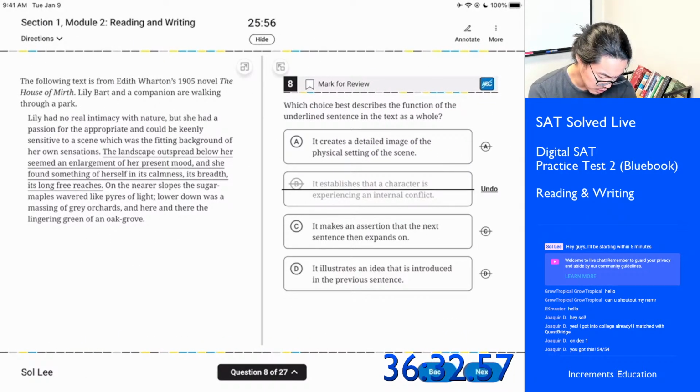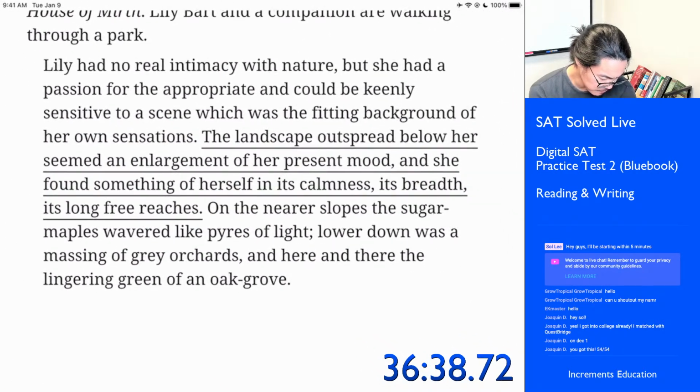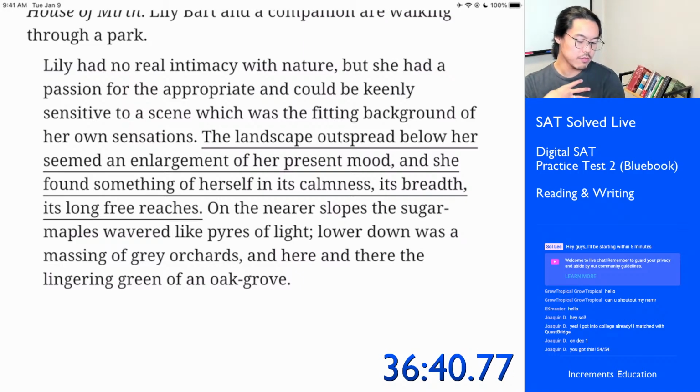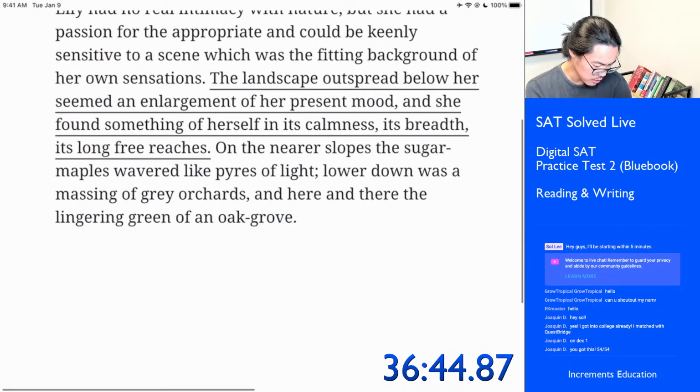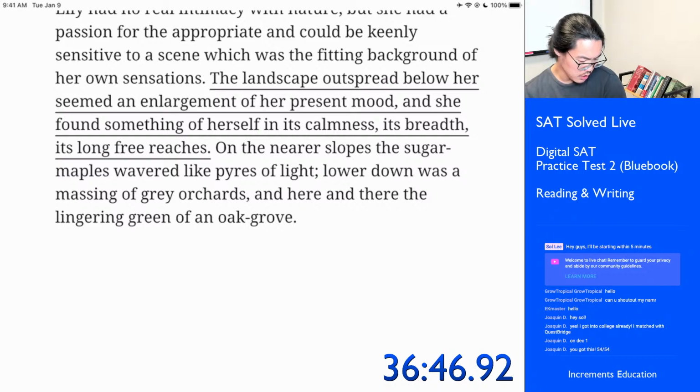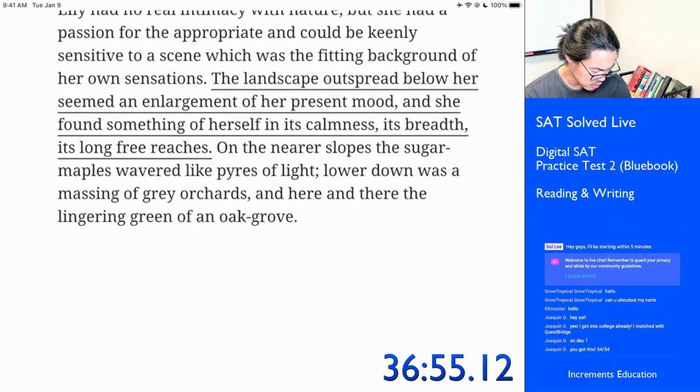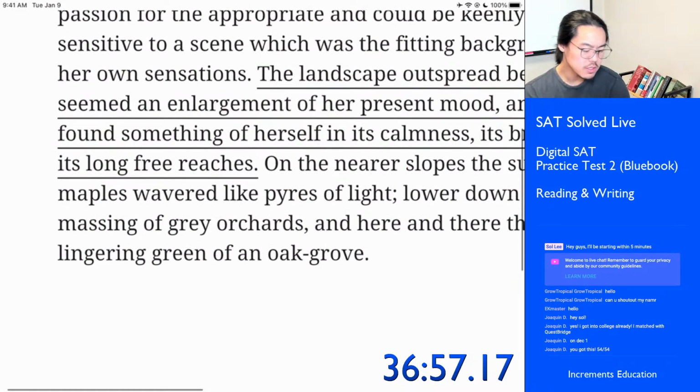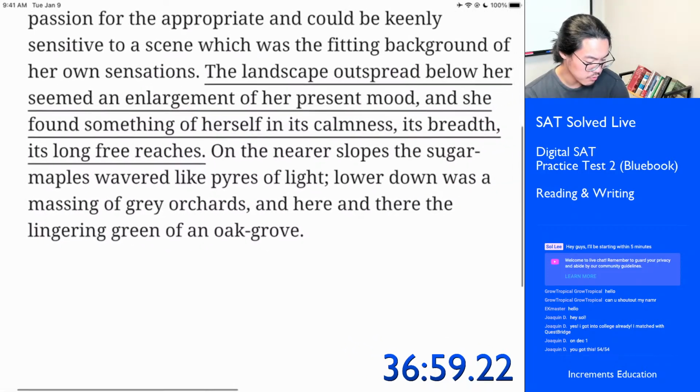Not a conflict. It does make an assertion that the next sentence expands on. Let me just double check. She found an enlargement of her present mood. Because I was looking at the top part, but looking at the bottom part, her present mood. On the nearest slopes, wait, for the point lower down was made. No, that's not expanded upon. It's she found something of herself, and its calmness, its breadth, its long free reaches.